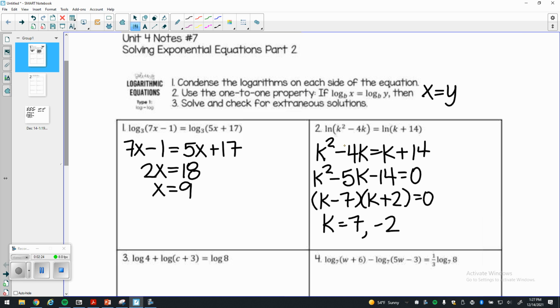Negative 2 squared is 4. 4 minus 4 times negative 2. So that becomes 4 plus 8, which is 12. Negative 2 plus 14 is 12. So they both work. Are we good on those?